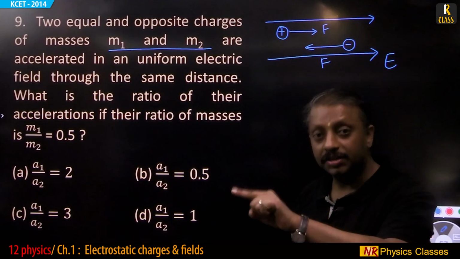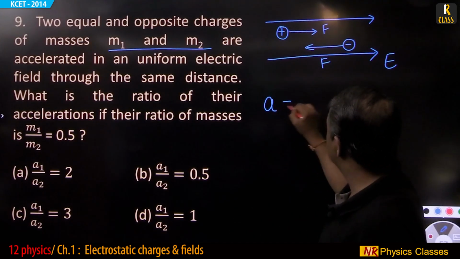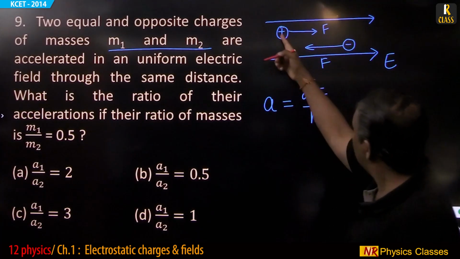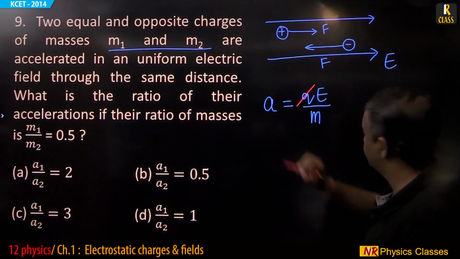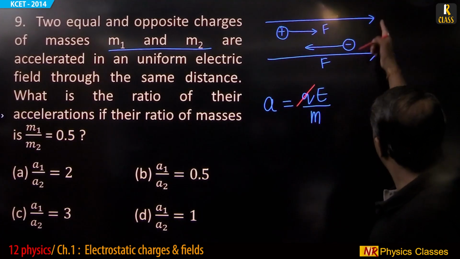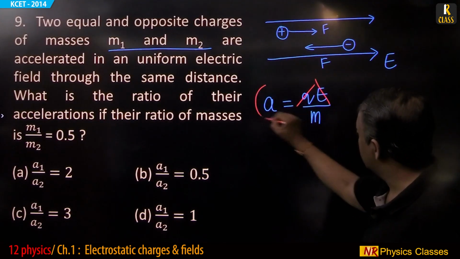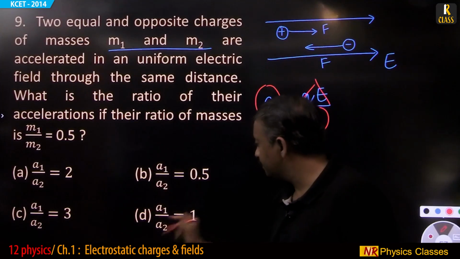Acceleration of a charged particle in an electric field: acceleration is qE by m. Equal and opposite charges, so don't worry about the magnitude of charge. Electric field is constant. So these two are inversely proportional, isn't it? Look at the options.